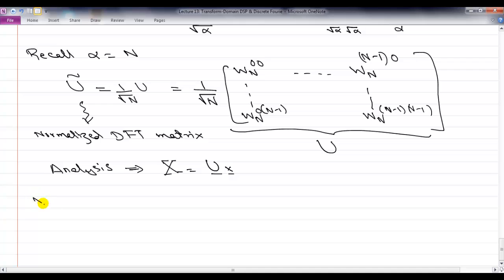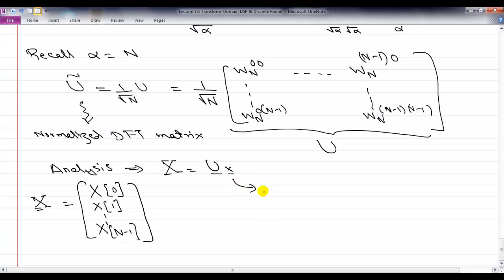So if I define my capital X as capital X0, capital X1, up to capital X(N-1), and I already said my little x is little x0 up to little x(N-1).